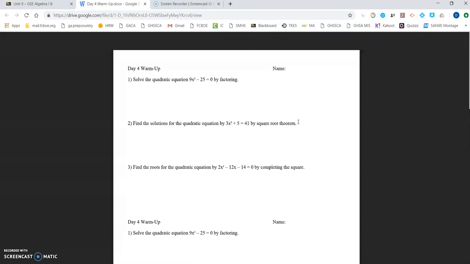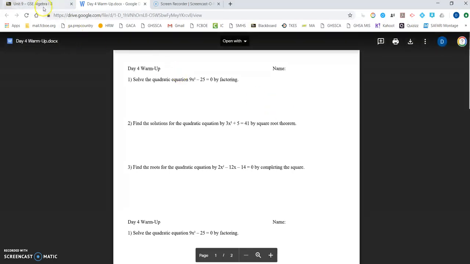They can work on a separate sheet of paper, the warm-up, and put it in their binder for the future to where they could look back over. Or they could use their Chromebooks, which they have pulled up, and they can write on their Chromebooks because it's touchscreen. And then they can actually fill in the warm-up digitally, and then they could save that copy and be able to look back at it on their computer.